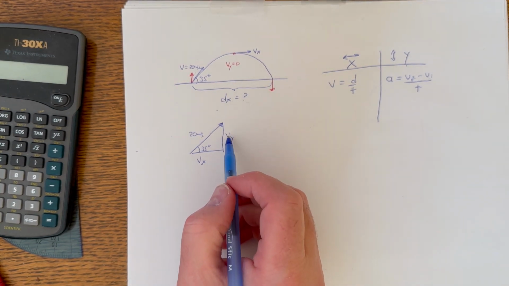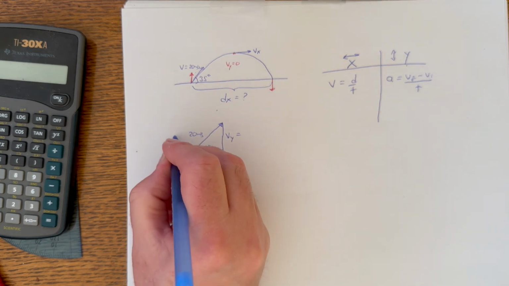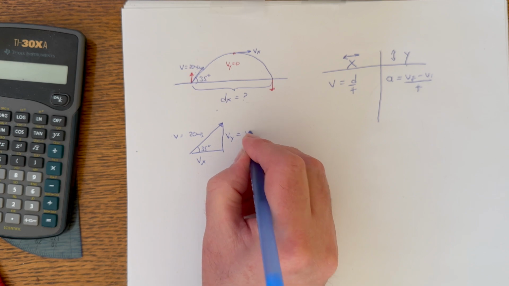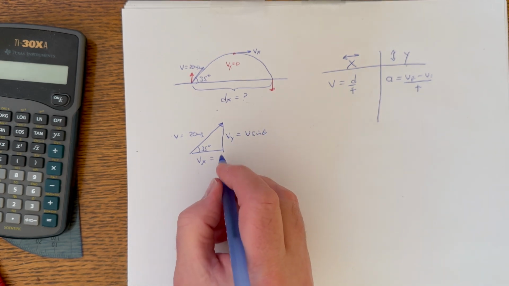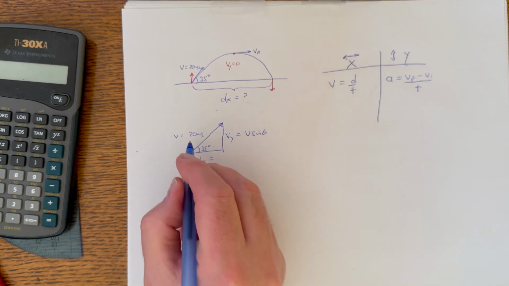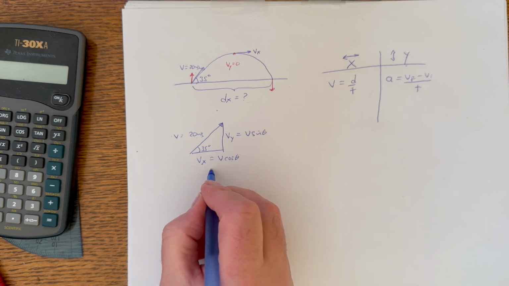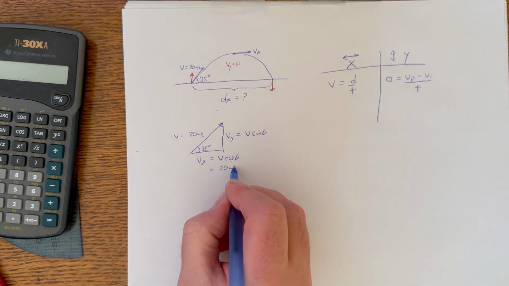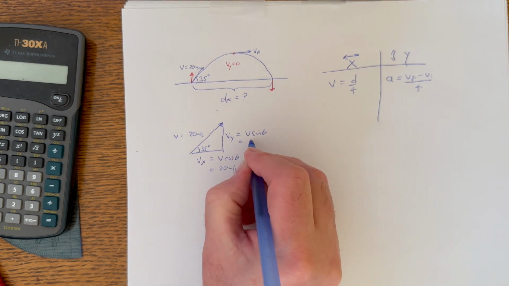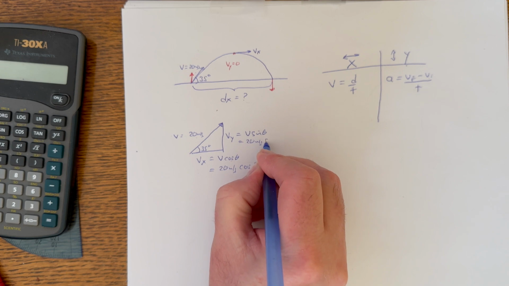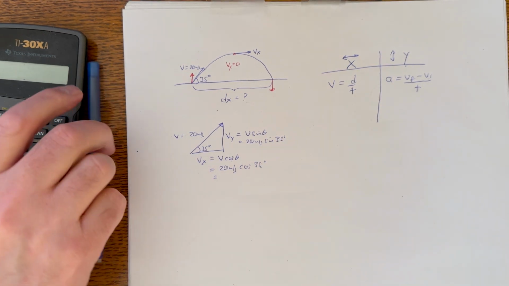Well, this looks like it's opposite the angle. I know the hypotenuse. So I'm going to say it's the velocity times, well, opposite is going to be sine of the angle. Where over here in the x dimension, it's adjacent to the angle. So it's going to be this hypotenuse velocity times cos. So 20 meters per second times cos of 35. Where over here is 20 meters per second times sine of 35 degrees. Let's calculate those two.